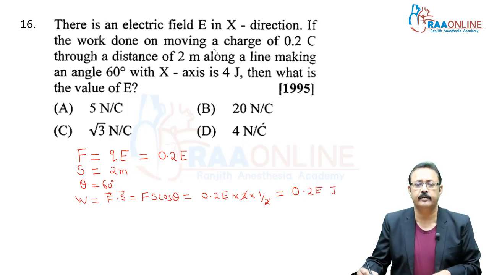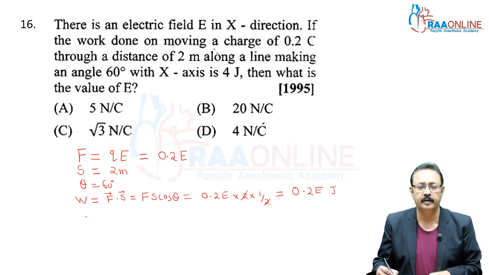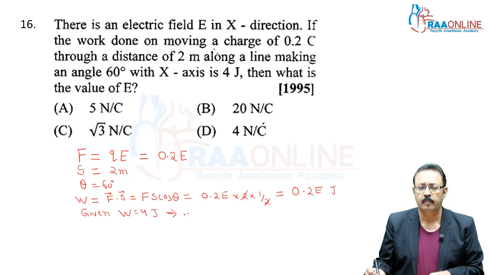But they gave us that work done should be 4 joule. It means 0.2 E should be equal to 4.